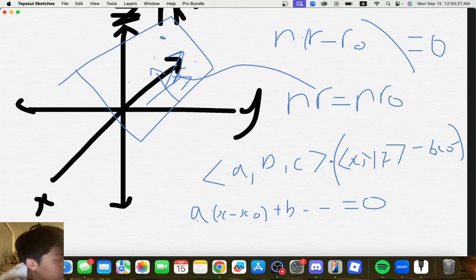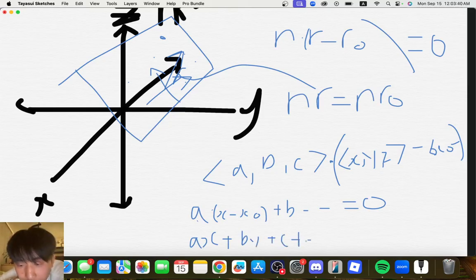Now, the standard form for this would be AX plus BY plus CZ plus D equals 0, where D is equal to negative A times XO plus B times YO, etc., whatever.